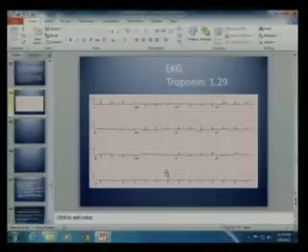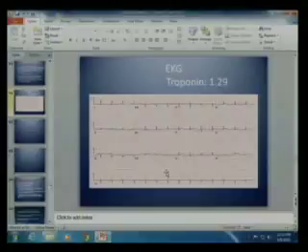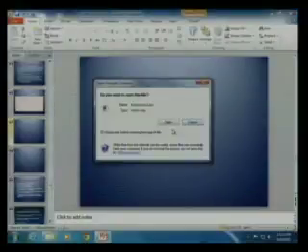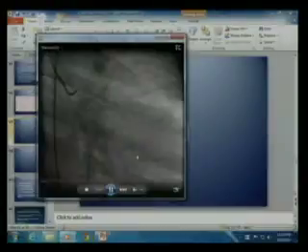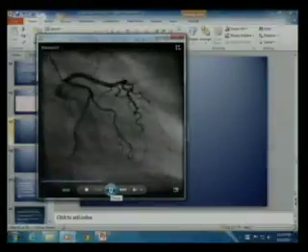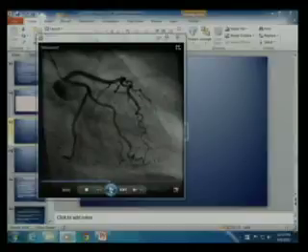You can see this EKG. She has anterior ST elevation in V1, V2, and some in V3, V4. So basically, we took her to the cath lab, and this is the left system. It's normal coronaries. We shoot also the right. It's normal coronaries.